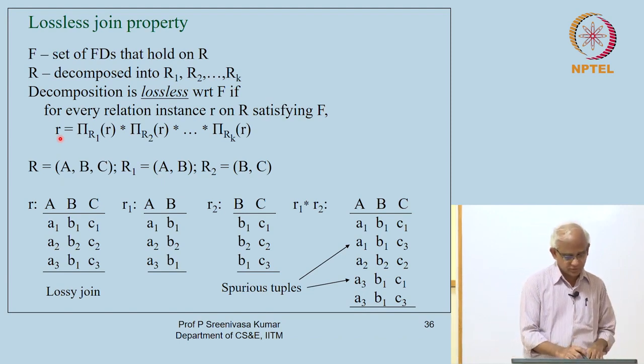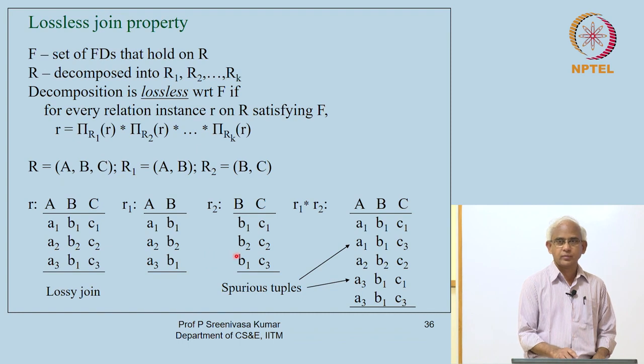Just focus on this example. We have ABC and we are decomposing it into AB and BC. Here is an instance A1, B1, C1 and all that. So, I have taken them, projected here, projected here.